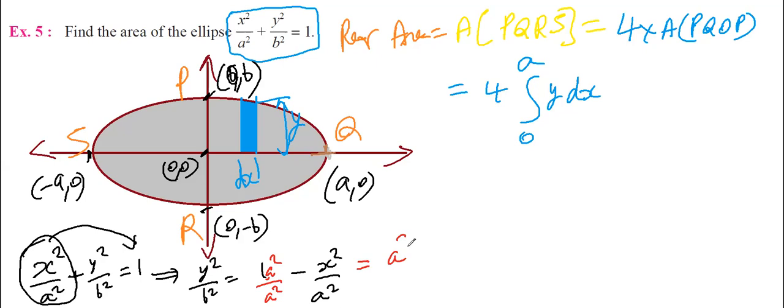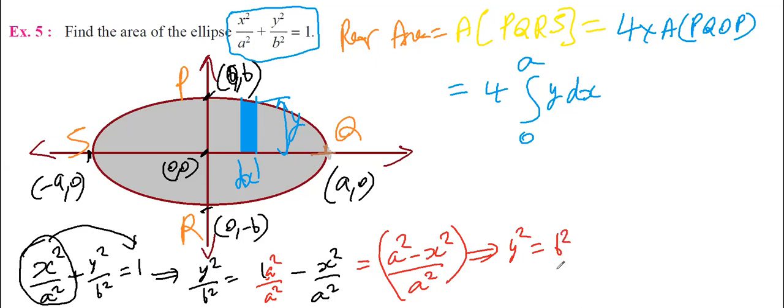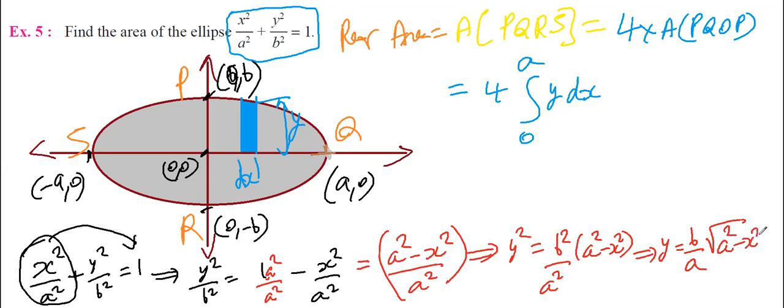So I will get a square minus x square upon a square. This b square I will transpose there. So y square is b square upon a square into a square minus x square. And ultimately the value of y will be b upon a square root of a square minus x square. This is what I will substitute here.